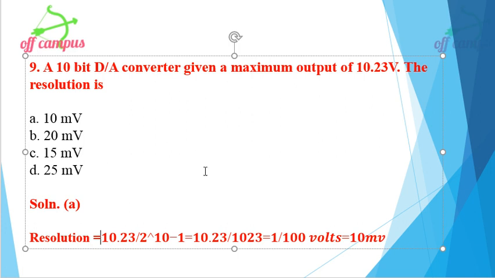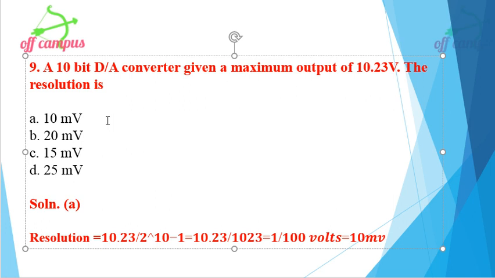The number of bits is 10, so 2 power 10 minus 1. 2 power 10 is 1024, minus 1 is 1023. So, 10.23 divided by 1023, we will get 10 millivolt. So, option A, 10 millivolt, is the right option.